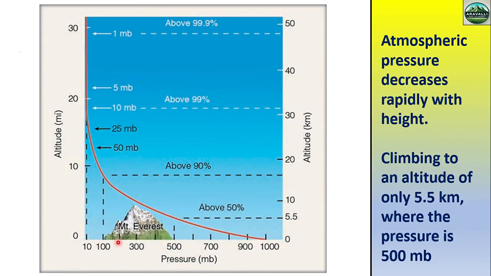Also remember, at Mount Everest the air pressure is only 300 MB. It means 70% of the atmosphere lies just below the height of Mount Everest, and only 30% lies above the summit.